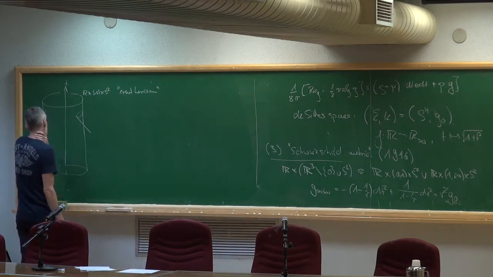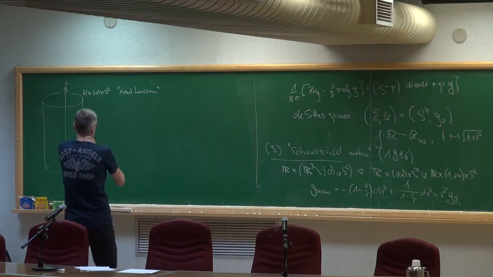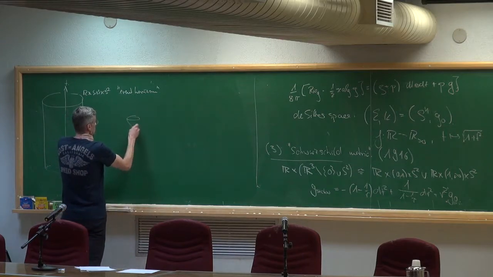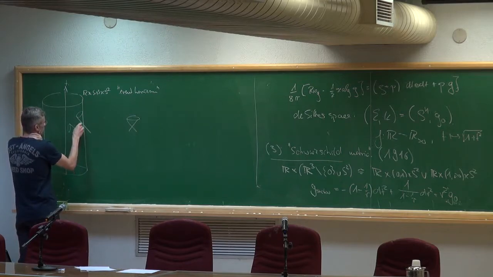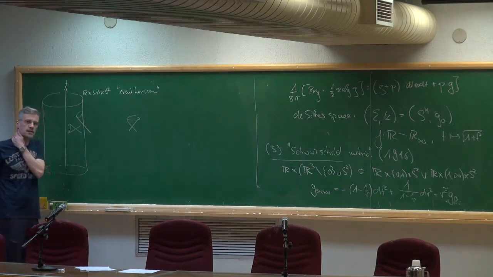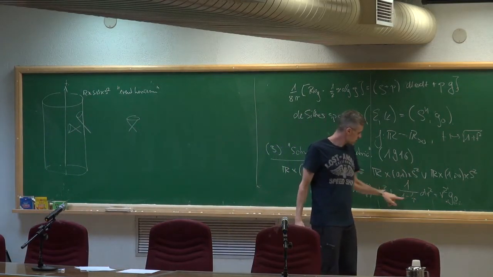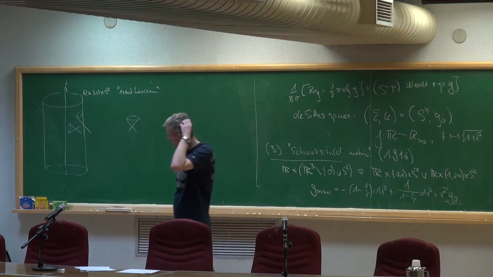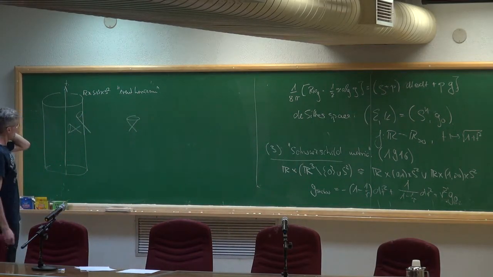And if you remember, as R goes to infinity, this goes to the usual Minkowski metric, and in here, the funny thing, which in physics usually is not discussed, is that the R direction becomes the time direction, and the T becomes the space direction. The sign changes.